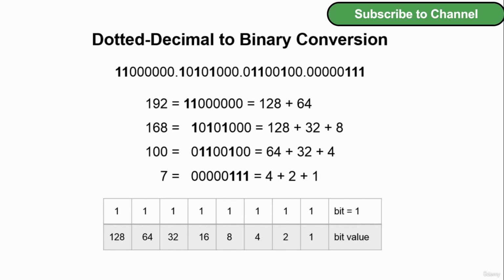Then 16, 32 is a 1, and 128 is a 1. I'm adding those bit positions together, and that's 168. And 100 is the same thing. There's a 4, a 32, and a 64, and that gives me 100. And the 7 is just the first 3 bits all set to 1, so I just add 1, 2, and 4 together. That's basically how you convert it. It's very straightforward, but it's a key part of understanding how to do calculations.